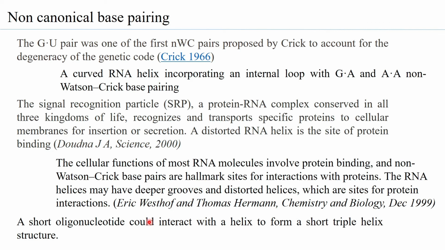The stem in the acceptor arm of the tRNA itself has non-canonical base pairs, and those non-canonical base pairs actually help in the process of translation. The interaction with the mRNA at the decoding center between the anticodon and the codon itself is an example of how the non-canonical base pairing is helping in a molecular mechanism.